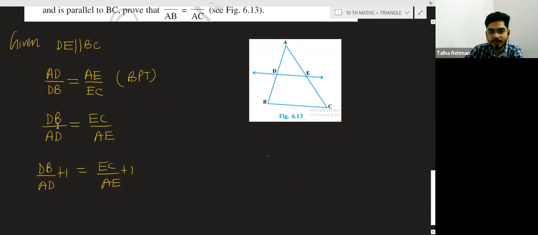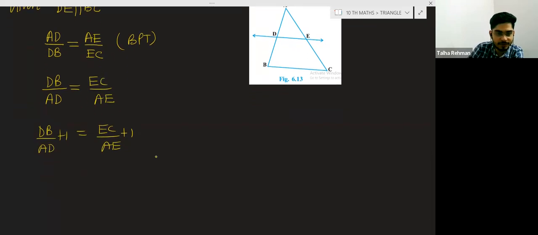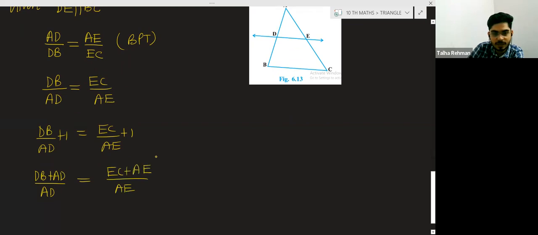So that is why I have done the reciprocal of this, and at the same time the reciprocal of this, and I have added 1 in this and added 1 in this. Now take the LCM. Here LCM will be AD, and this will become DB plus AD, equal to, take the LCM AE, EC plus AE.